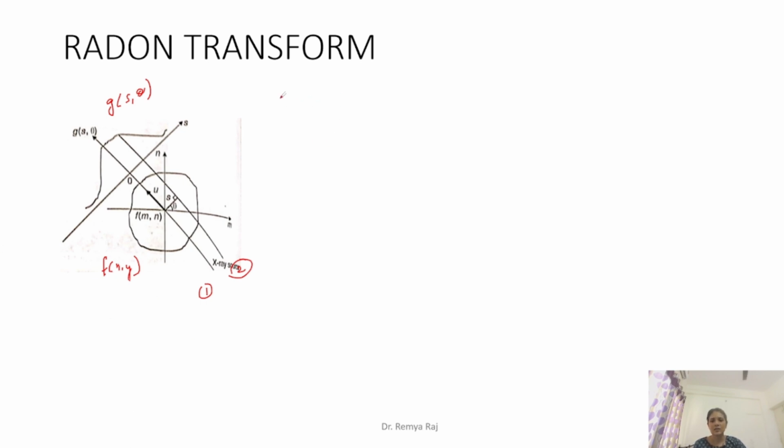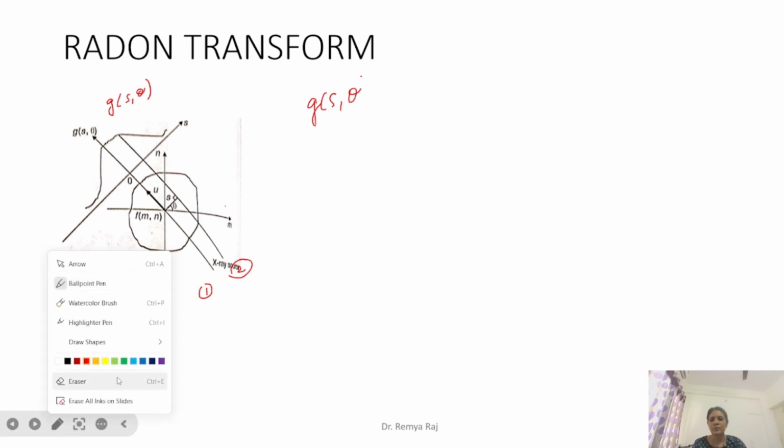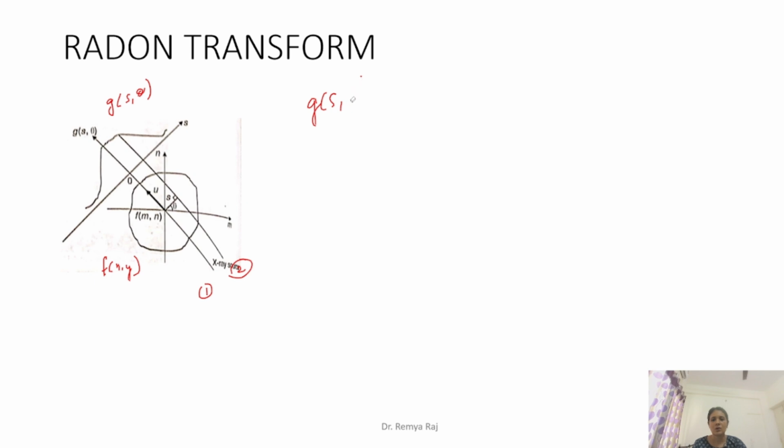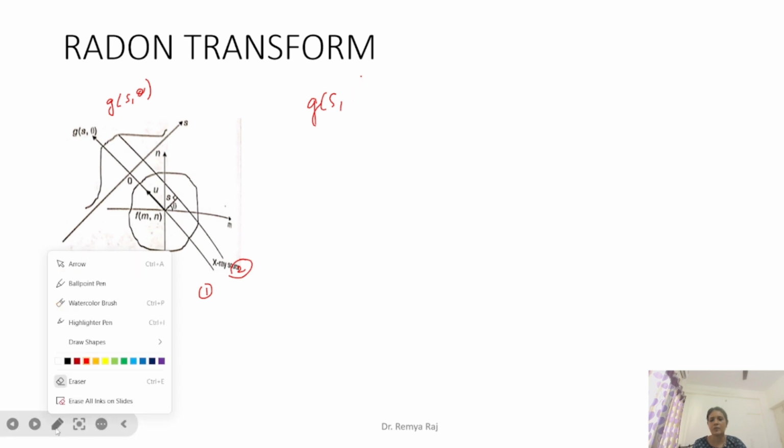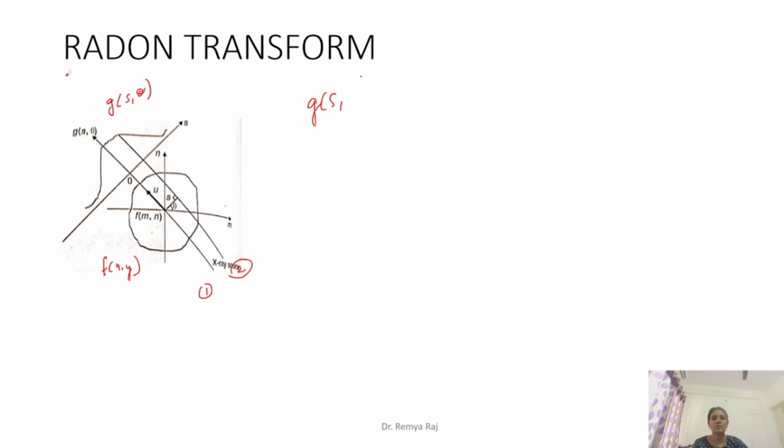Now we'll start the derivation of the Radon transform. First, we write the equation for the first projection, g of s comma 0, that is passing through the origin.